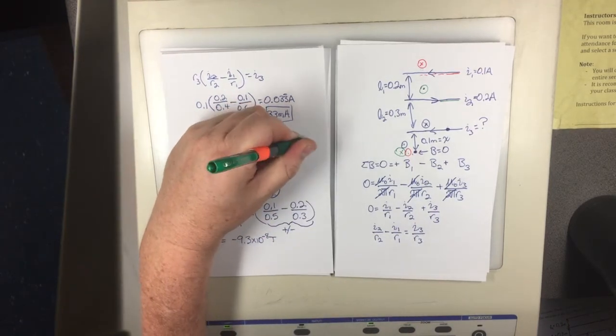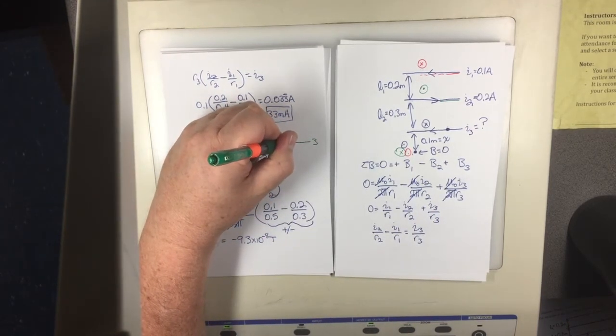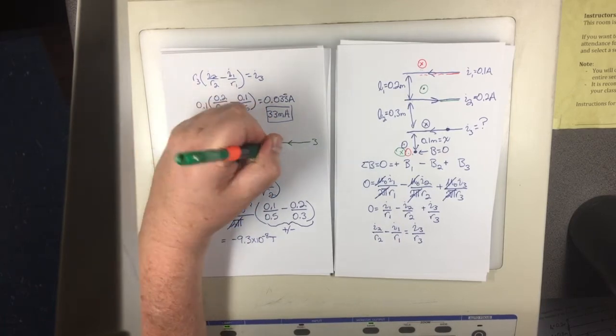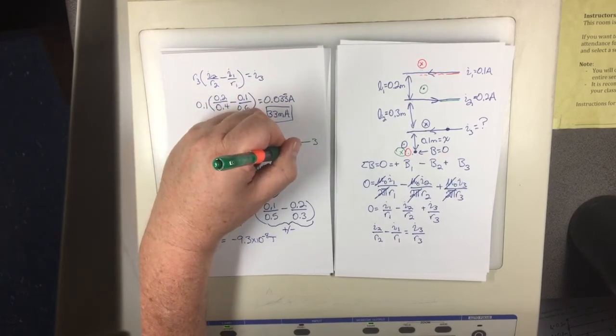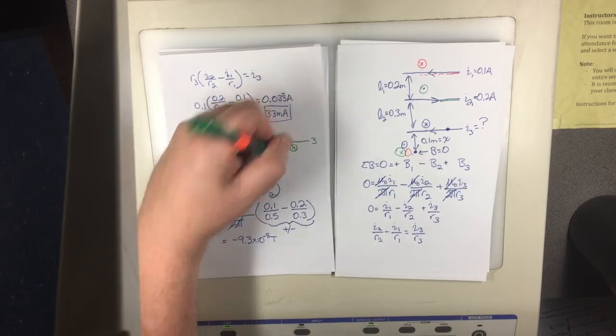So here's my wire 3. The current is going from right to left. The total B field at those points is into the page.